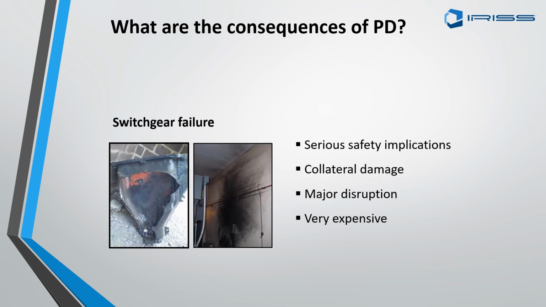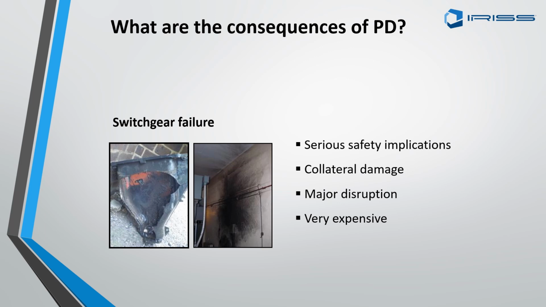In switchgear, and this is mostly 5 kV and above applications, we can have full-on arc flash or arc fault type events that occur as a result. So over time, the insulating material is being worn away from the inside out, like a cancer almost, eating away from the inside of the material over time, and eventually it loses its ability to be an insulator, and it allows a full-blown discharge of energy between phases or between phase and ground to occur, which will cause significant catastrophic and collateral damage to the surrounding components and surrounding equipment.